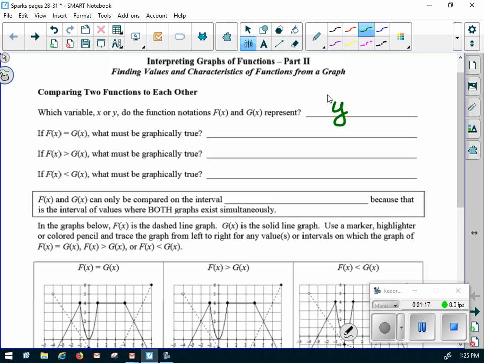Let's try something else. If f of x equals g of x, what must be true on a graph? If 2 functions are equal, what does it mean on a graph? No, they intersect.